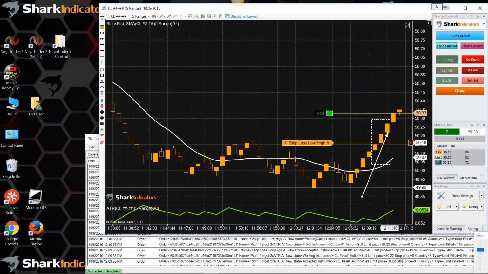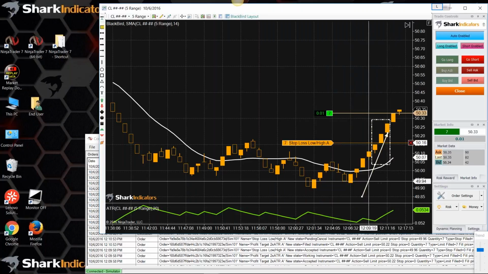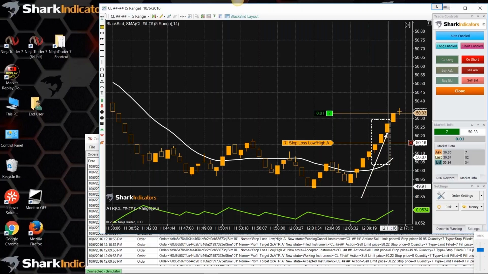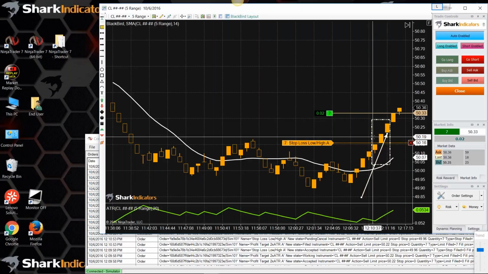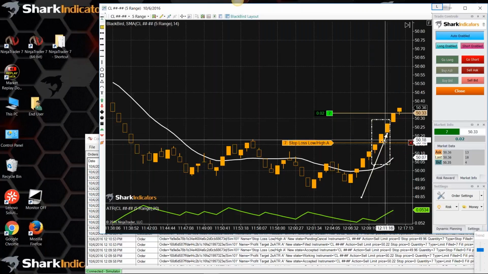All right, so as price keeps ratcheting up, our stop loss will keep ratcheting up. And the arrow is pointing at where the stop loss should move to next, because we have our stop loss set to use the lowest low of the last 3 bars.